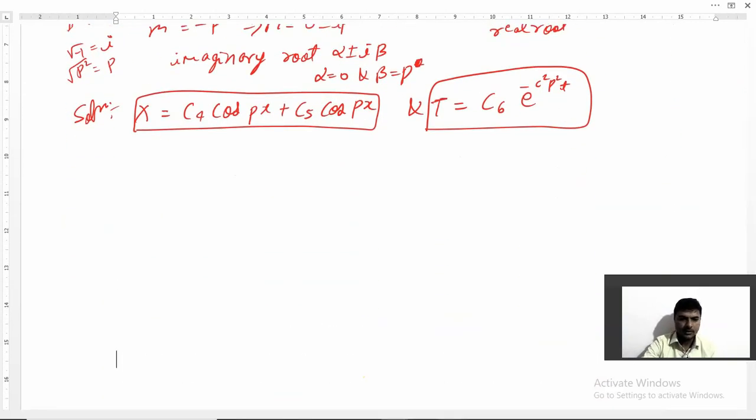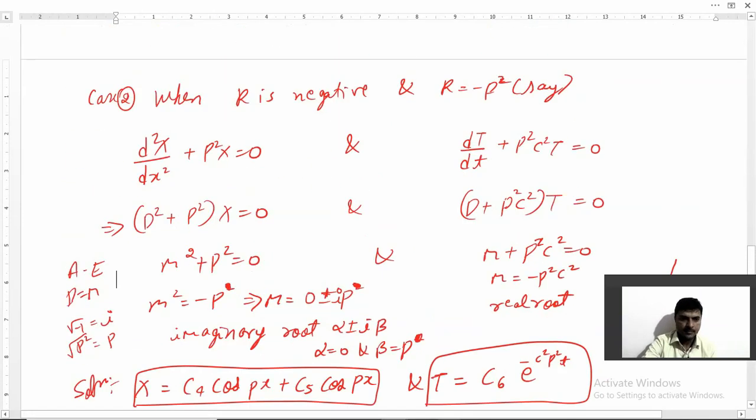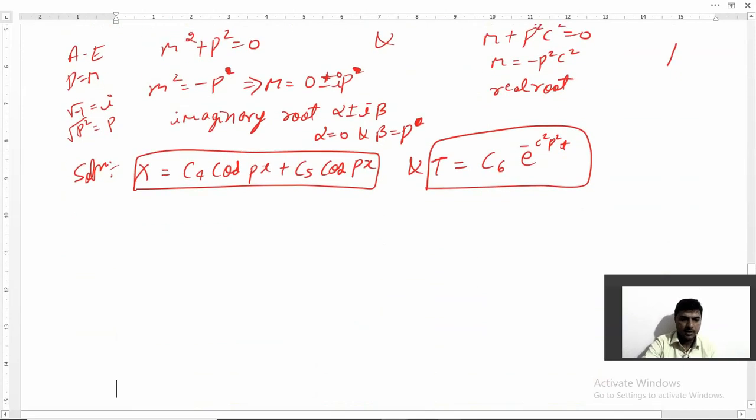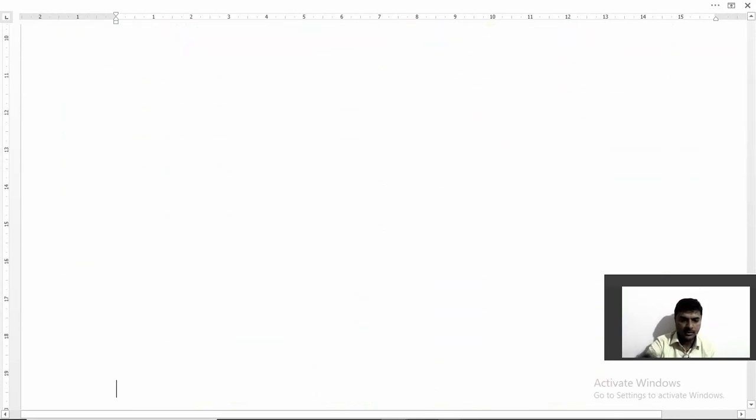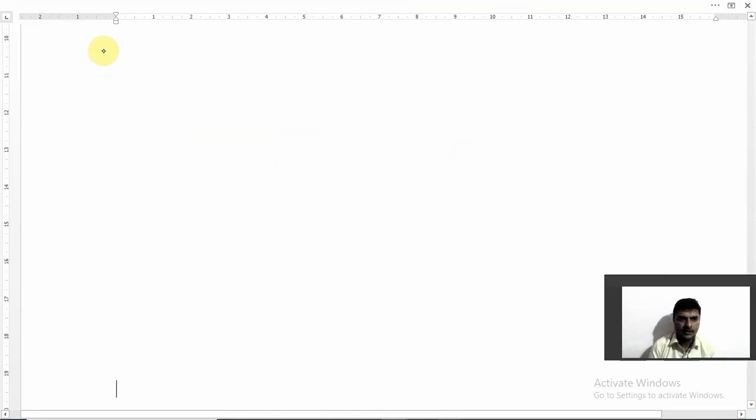Okay, so next condition, please remember, what do we have? Case 3. I'm going to solve case 3 now. When R is 0, it means there is no change in specific heat, so I am going to take R as 0.